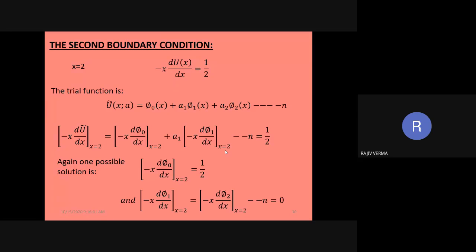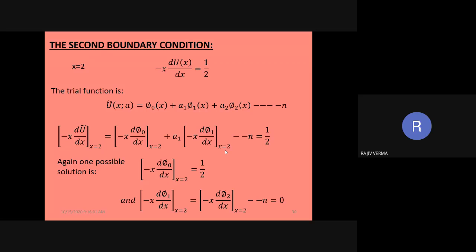So in terms of all the phi's which are appearing in the trial function, all the phi's and the differentials of the phi's are 0 at the two points where the boundary conditions have been prescribed.